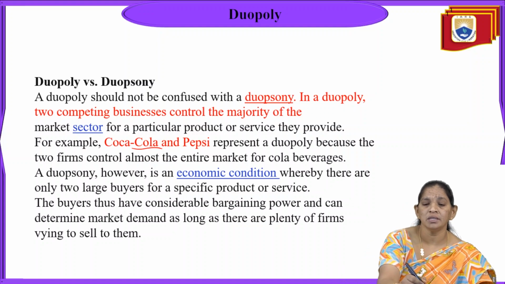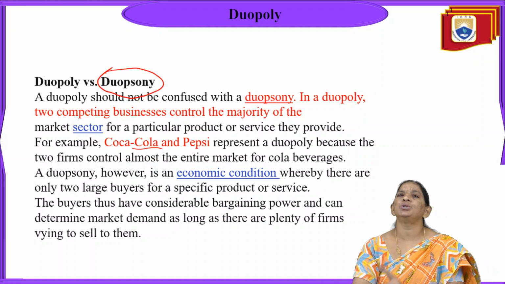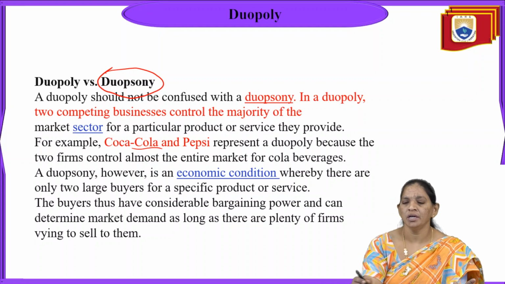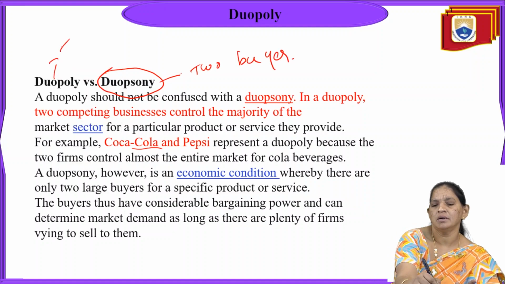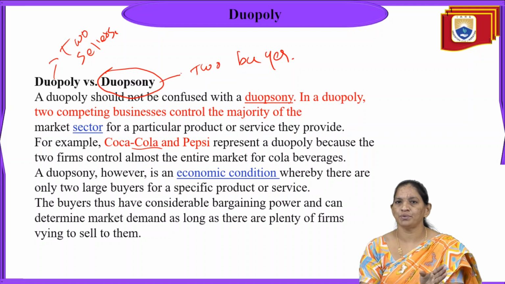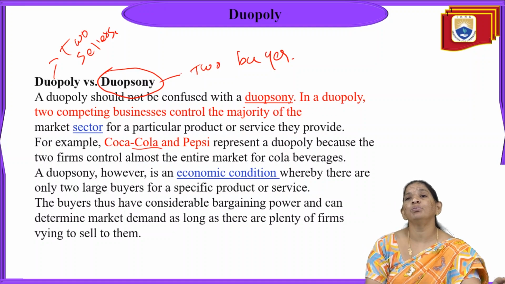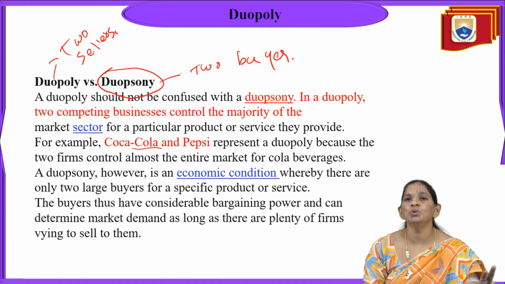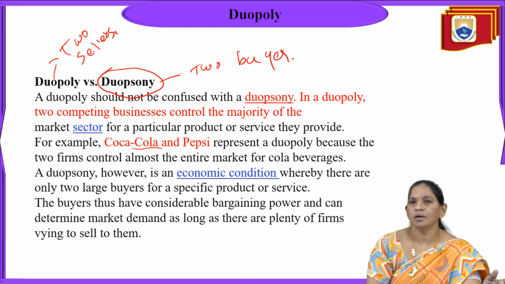But duopsony is where there are two large buyers. Duopsony means two buyers, whereas duopoly means two sellers, so we should not get confused. In a duopsony, an economic condition, two large buyers specifically purchase the product from the market.